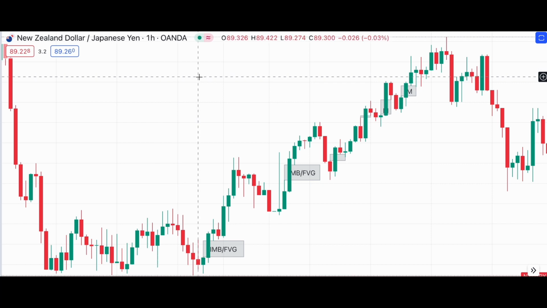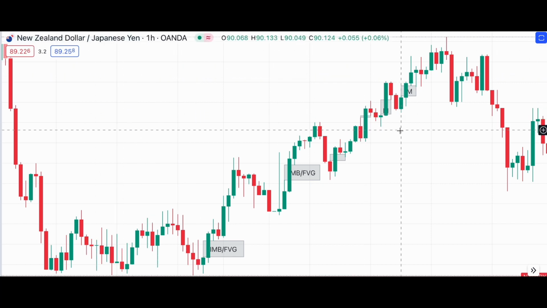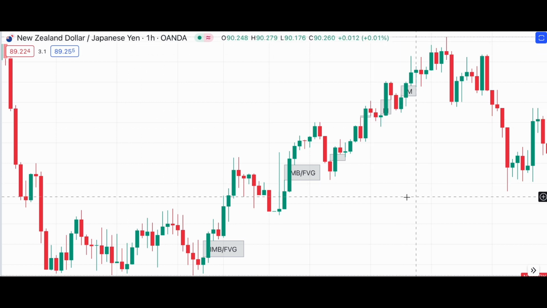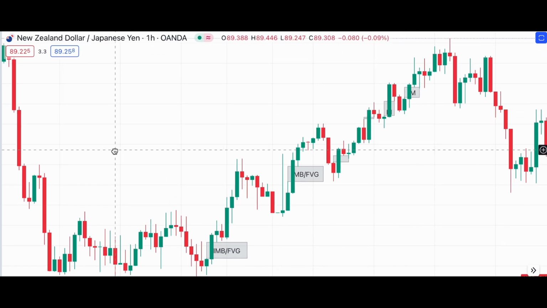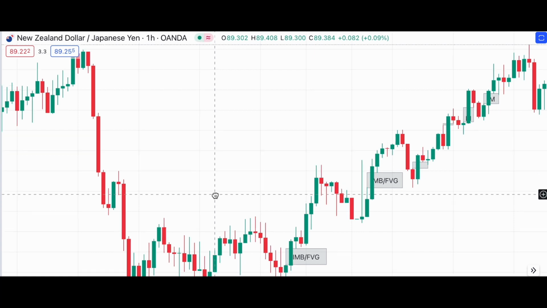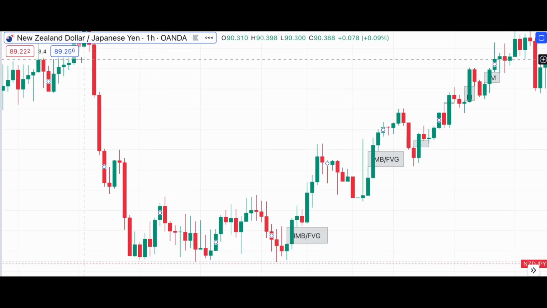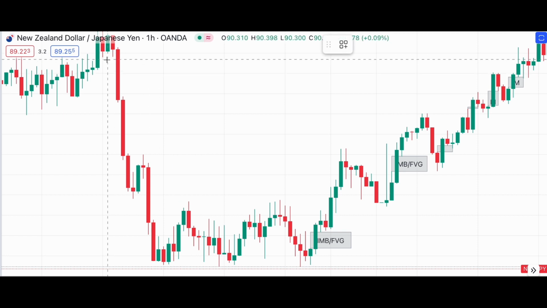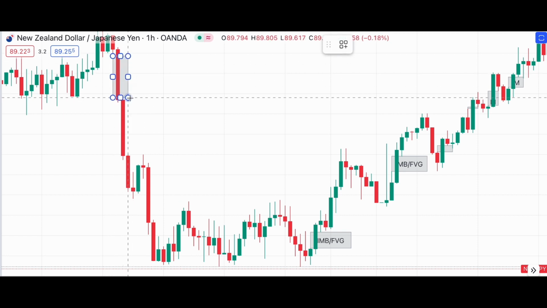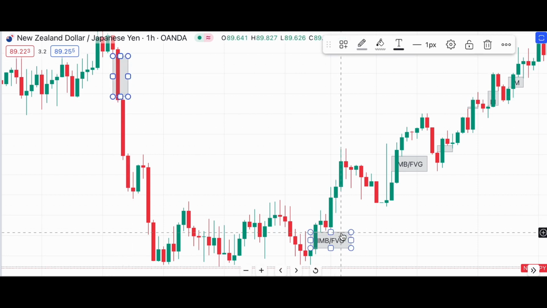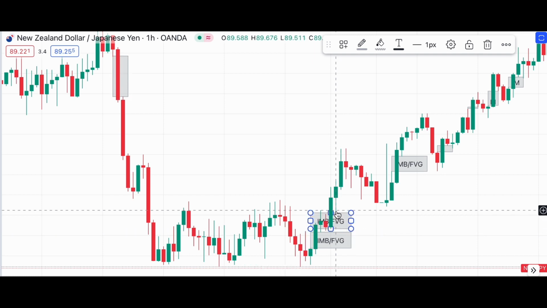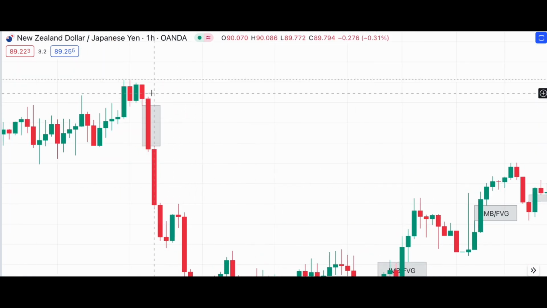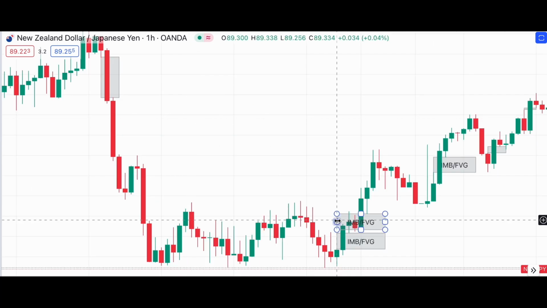Now let us look at the New Zealand dollar Japanese yen pair H1 chart. As we can see from the chart, there is a downtrend, sideways and uptrend. Here we have the fair value gap, between the first and the third candles there is a gap.